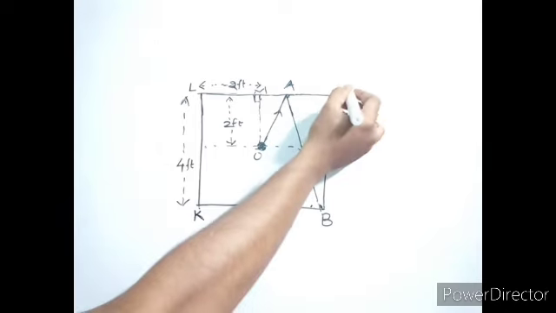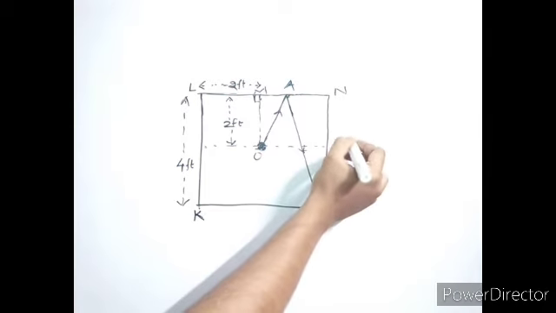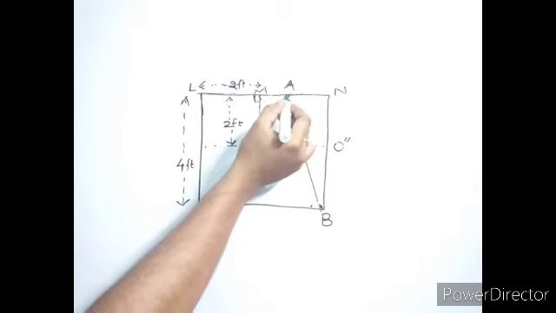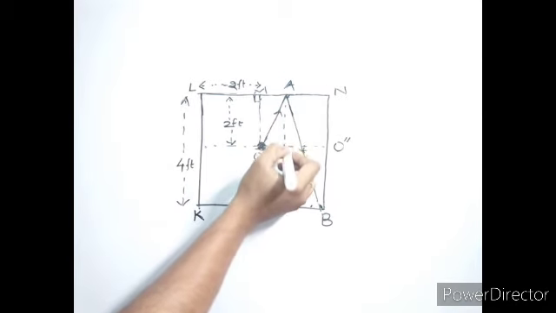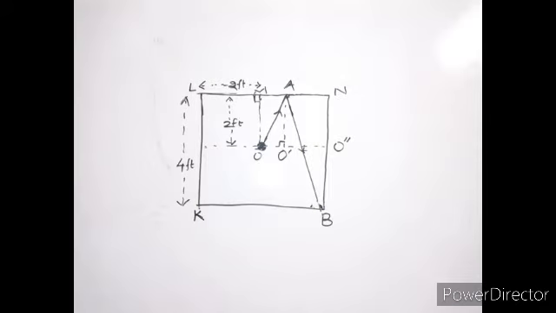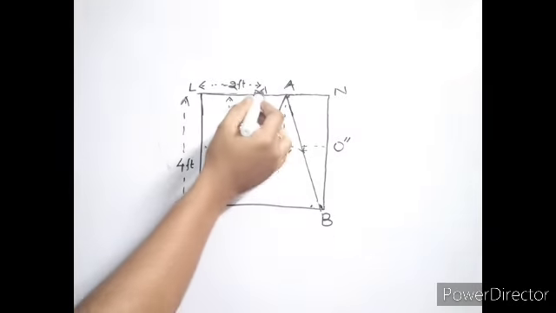and N, the other end is obviously B, and the extreme point I have named O double dash, with the perpendicular dropped from A on OO double dash as O dash.